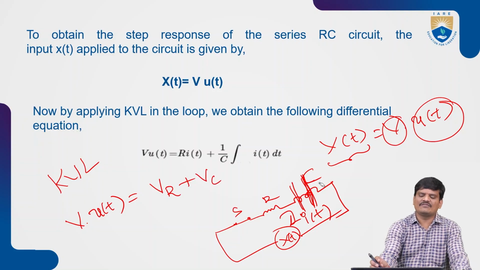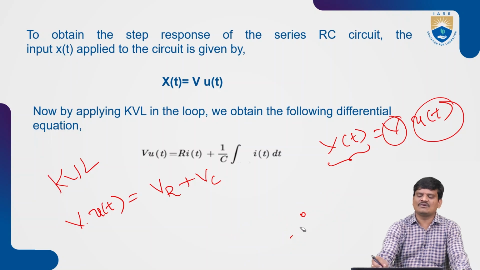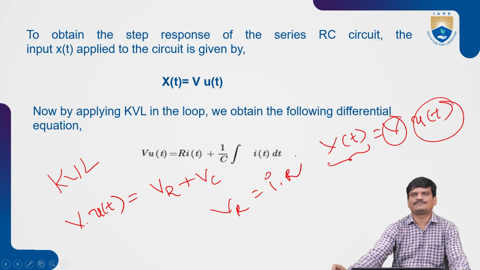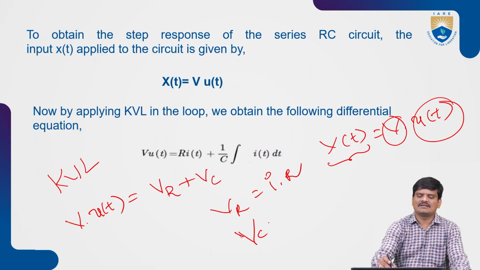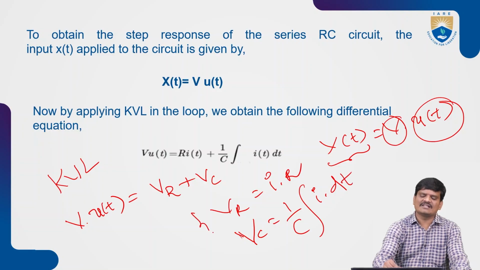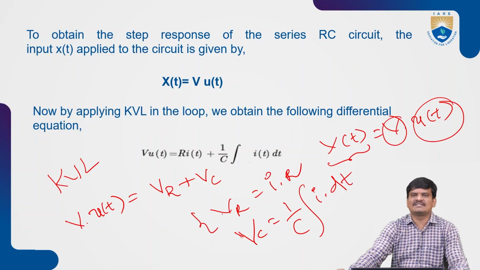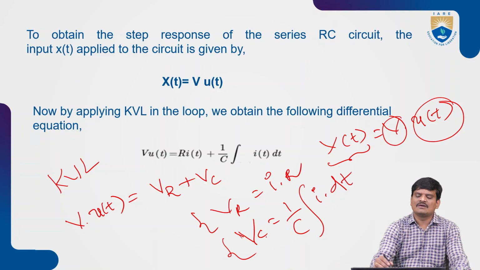You know the value of VR already. What is VR? That is the voltage across the resistor. In general, it is the product of current and resistance. In a similar fashion, the voltage across the capacitor is VC equal to 1 by C integration of I into dt. So these are the expressions for the voltage across the resistor and the capacitor.